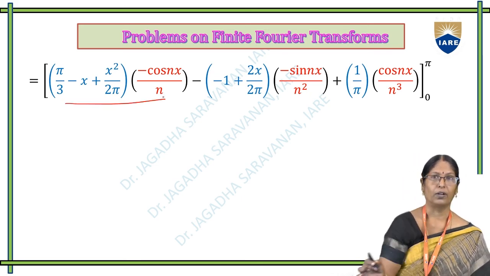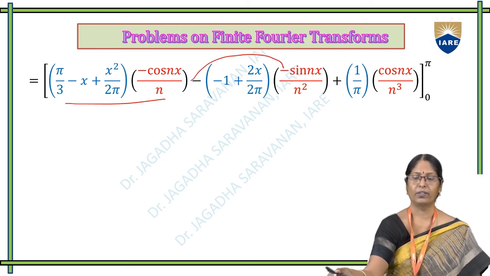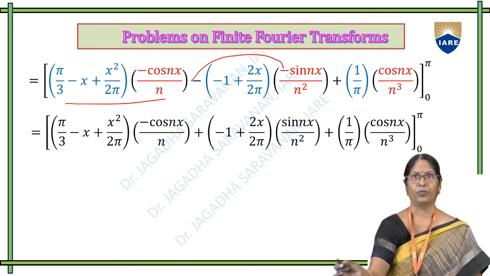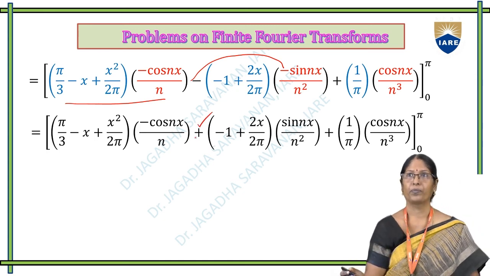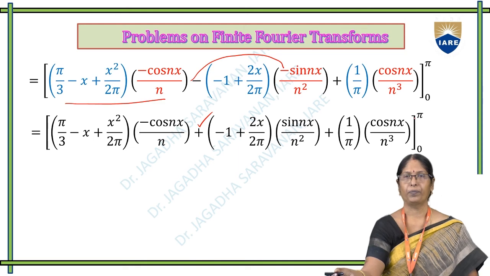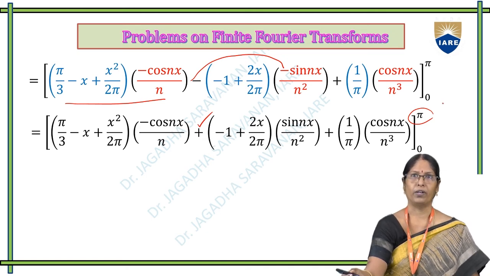Now this minus sign we will make plus; we can see the change we brought here. Now 0 to pi. In the place of x, we have to substitute our upper limit.